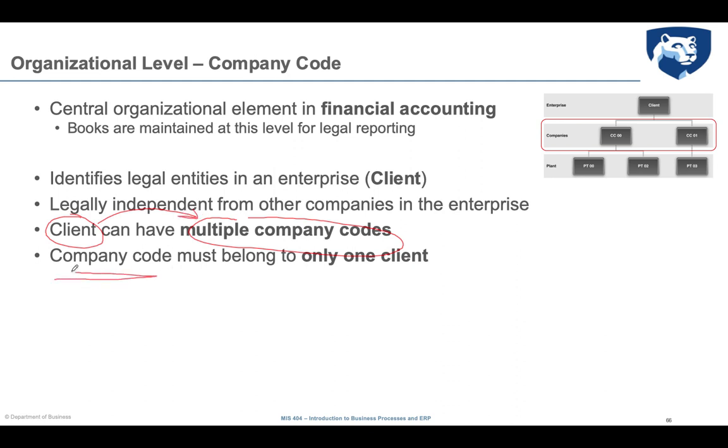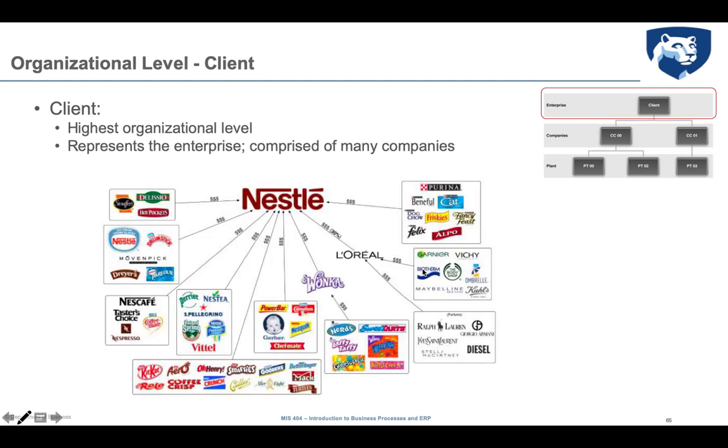A company code, so a company within a group, must belong to only one client. Again, San Pellegrino, a company code, belongs to one client, Nestlé. The Nestlé client is made of multiple company codes.